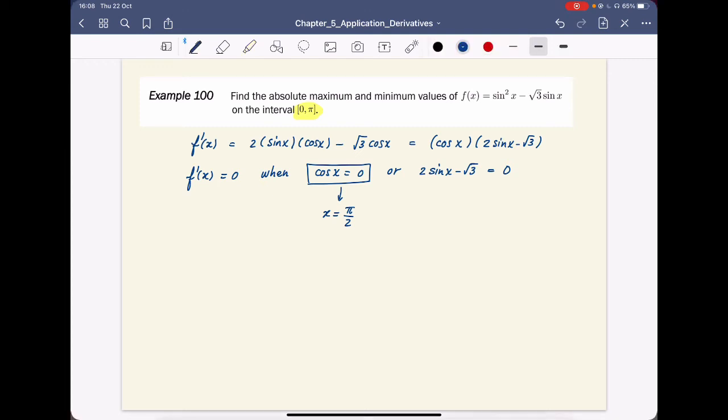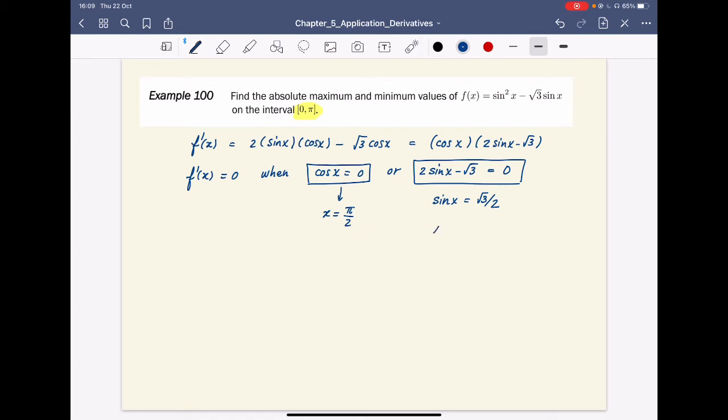So the same thing with the latter one. So 2 sine x minus square root 3 equal to 0. So this means sine x equal to square root 3 over 2. Well, are there any angles that solve sine x equal to square root 3 over 2?